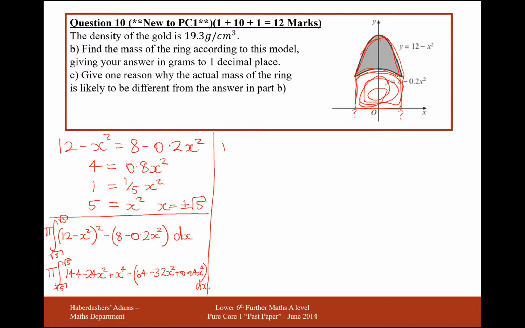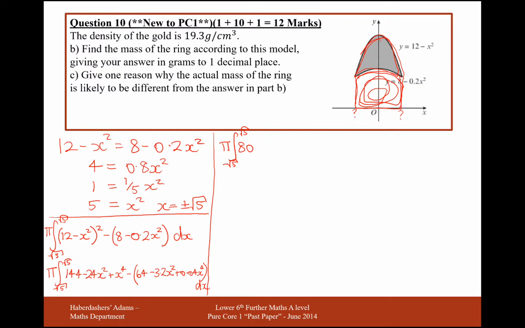So what's left for us to do now is to group these bits together. So it'd be pi times the integral from root 5 down to minus root 5 of 144 take away 64, which is 80, minus 24x squared, double negative, so add 3.2x squared.